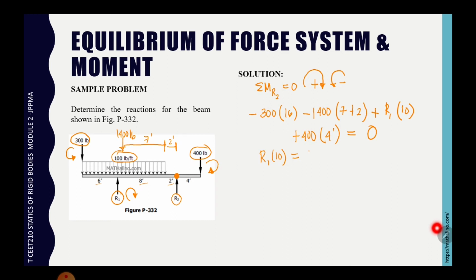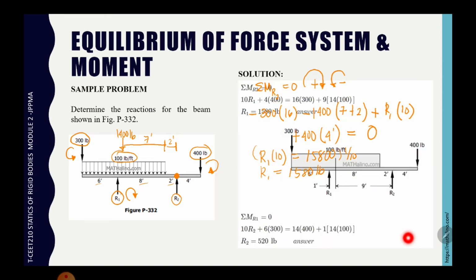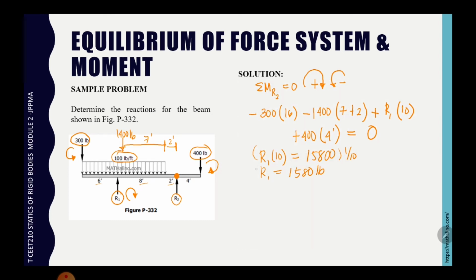Kaya magiging 15,800. And si R1, para makancel tong si 10, times ko sa 1 over 10, ang magiging value ni R1 is 1,580 pounds. Ayan. So, meron na tayong first answer ng R1.